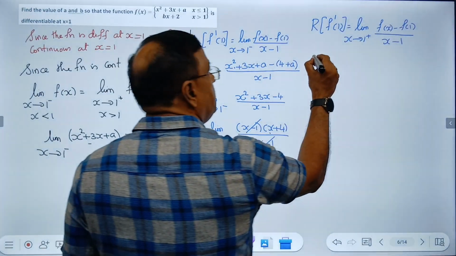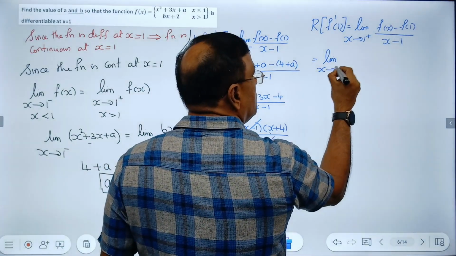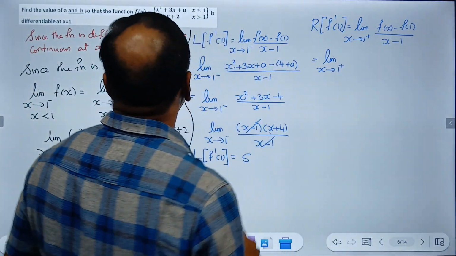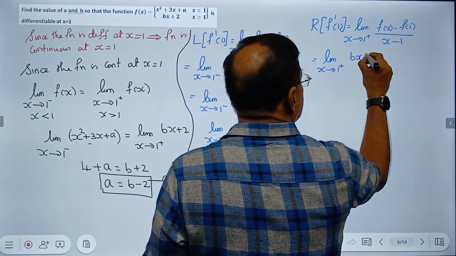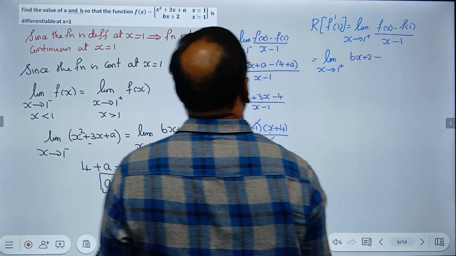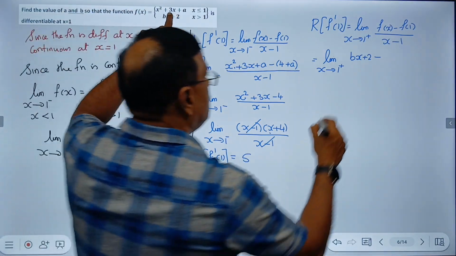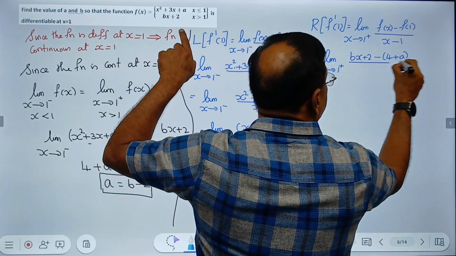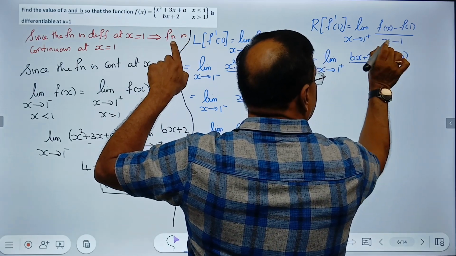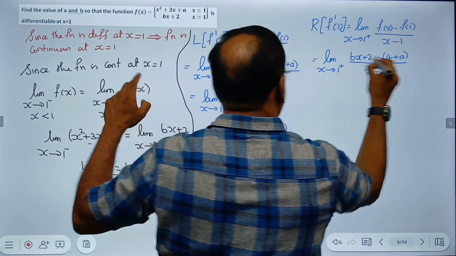So this will be limit x approaches 1 plus, where my function is bx plus 2. So bx plus 2 minus f of 1, which if you substitute is 4 plus a, divided by x minus 1.